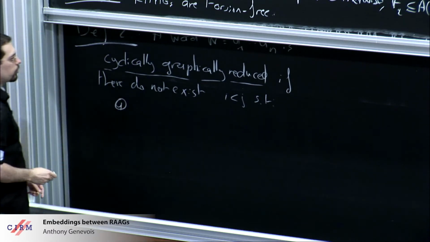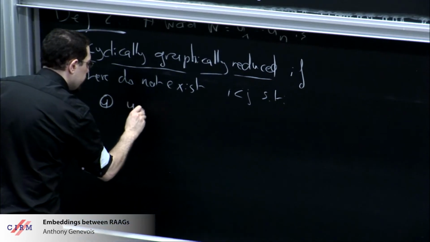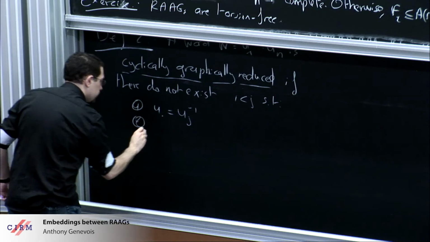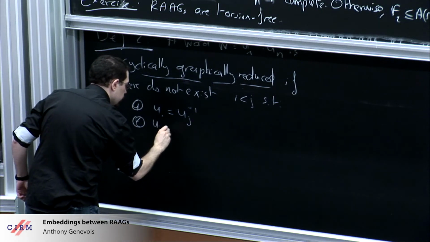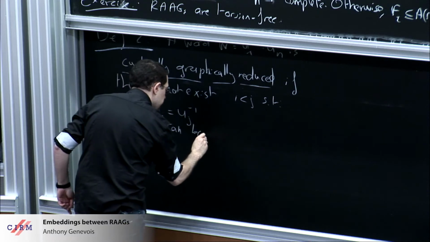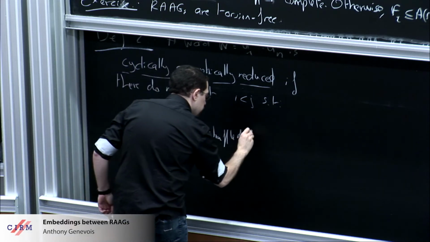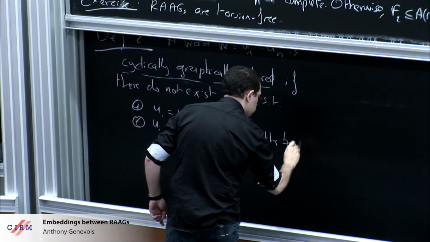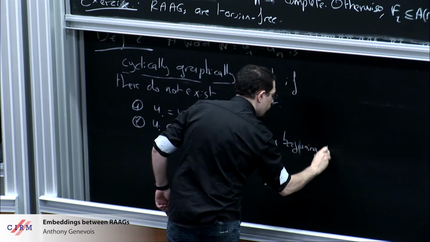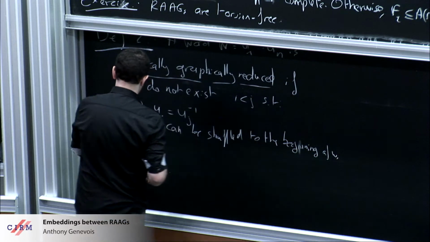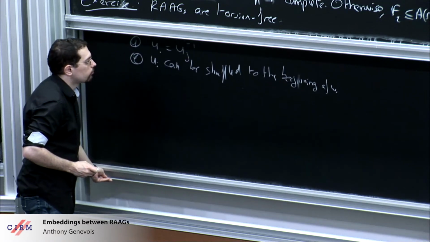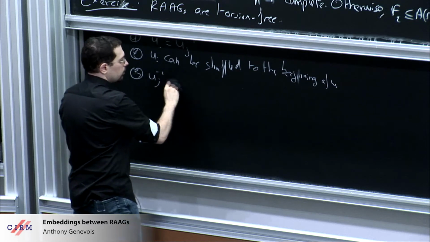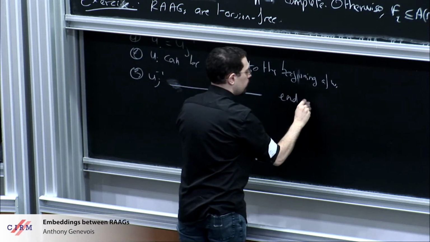First condition, u_i is equal to u_j minus 1. Second, that u_i can be shuffled to the beginning of the word W, and third, that u_j minus 1 can be shuffled to the end of W.